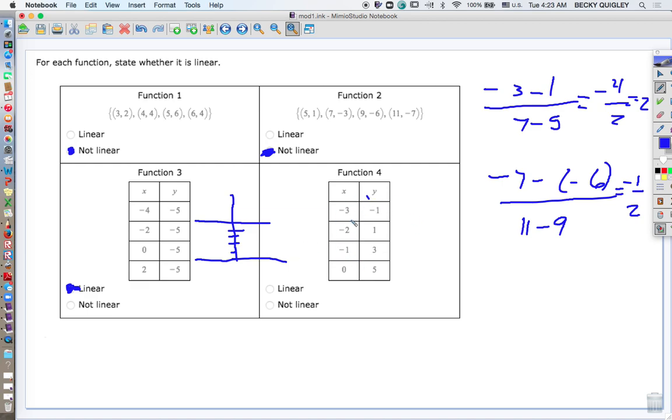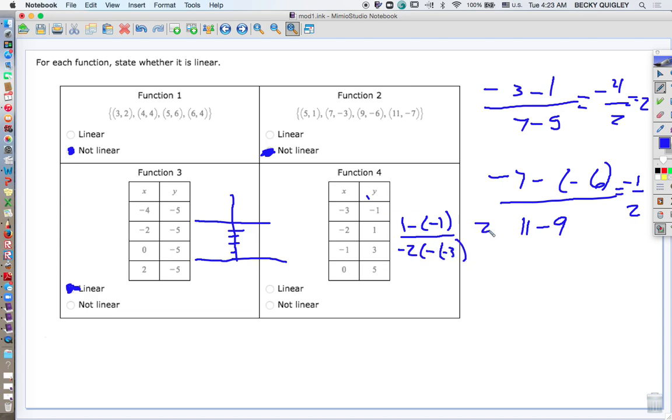In this problem, let's see, negative 1 to 1, that's a plus 2, plus 2, plus 2. So this has a common slope of 2, but let's go ahead and check. 1 minus a negative 1 divided by negative 2 minus a negative 3.